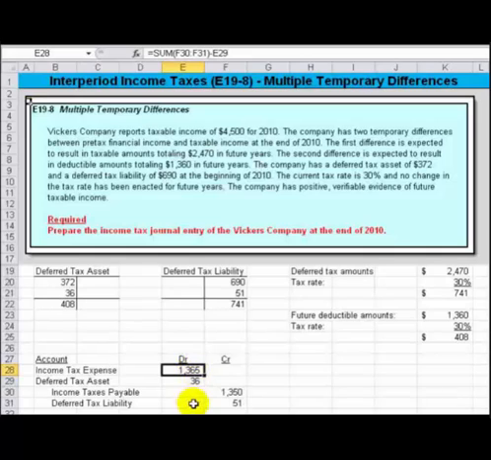But the other way you want to think about this, if you don't want to think about forcing it, is you know that the income tax expense is going to be the net impact of the taxes we pay this current year, plus or minus the net change in what happens to our deferred tax liability account and our deferred tax asset account. And that's the entry we need to make. And that's this problem.